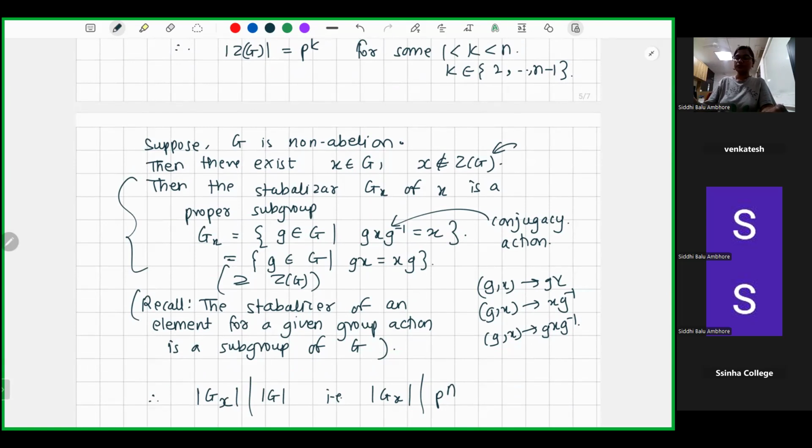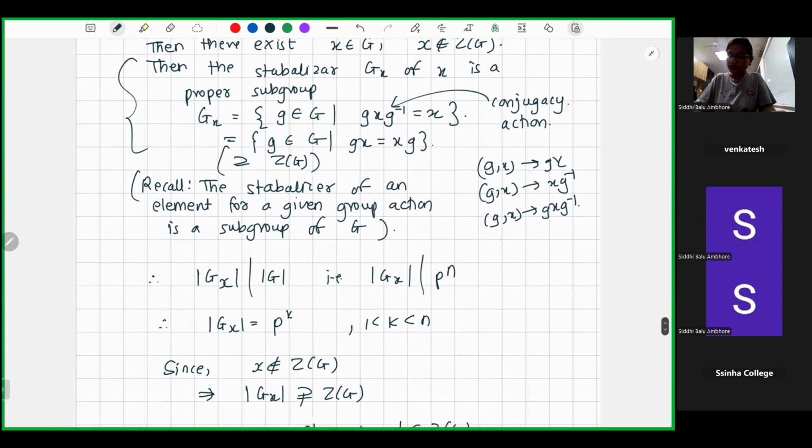Under that action, let me write, this is left multiplication, this is right action, right group action, and this is the conjugacy action.